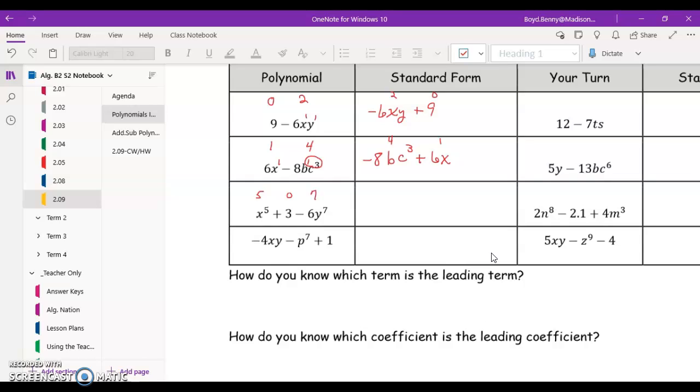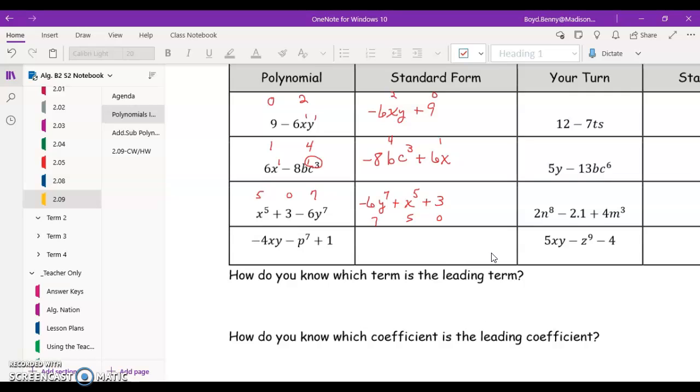So if I'm going to put this in standard form, then I'm going to write it as negative 6y to the 7th plus x to the 5th plus 3. Here again we have the degree 7, the degree 5, and the degree 0. Notice that it's in descending order. Okay, so let's take a look at this fourth one.